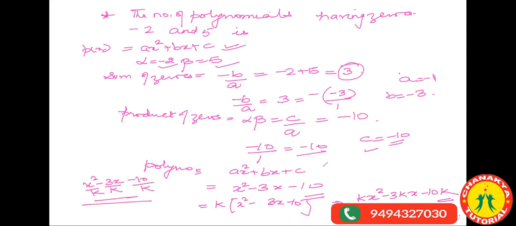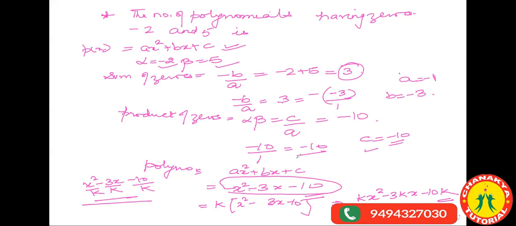So means you can form this type of equation x square minus 3x minus 10 by dividing by any non-zero real number. So therefore the number of polynomials will be infinite. That means more than 3. That is clear?